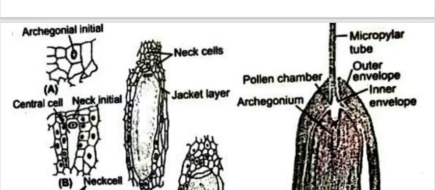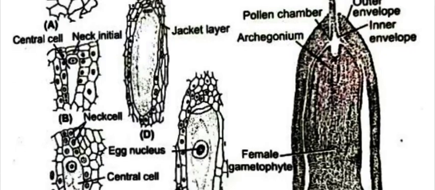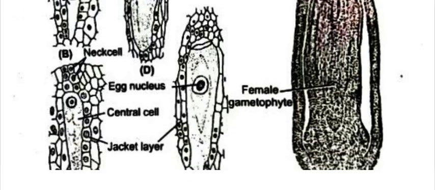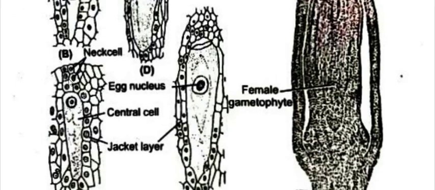Then this neck cell divides by periclinal and anticlinal divisions to produce 30 to 40 cells, and these cells of the neck region are arranged in 4 or more tiers. And the central cell divides to produce two nuclei, the ventral canal nucleus and the egg nucleus.